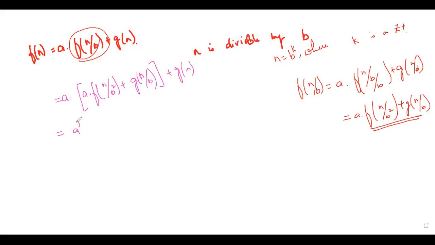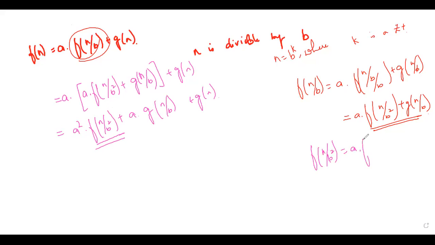Okay. Now this can be written as a square into f of n by b square plus a into g of n by b plus g of n. All right. Now again, instead of f of n by b square, I want to substitute in this equation terms. So I'll find out what is f of n by b square.